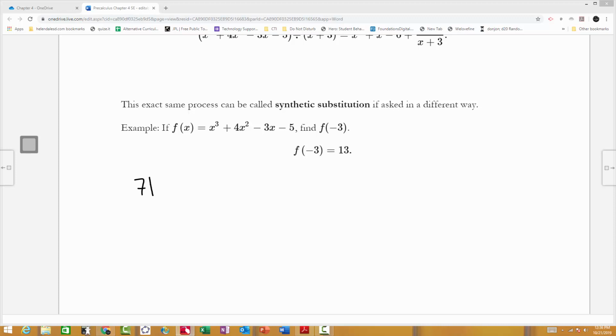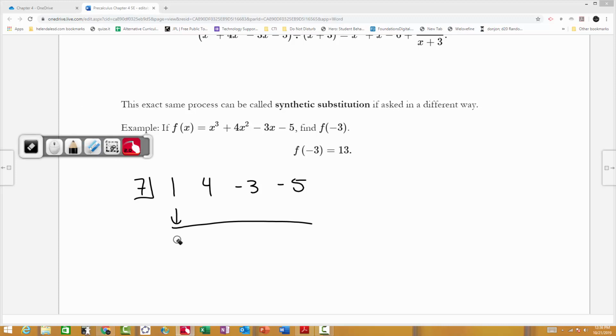But if I were to just say 7 right here, and I put down my 1, 4, negative 3, negative 5, I get 1. That number comes down. 7 times 1, 7. 11, 77, 74.